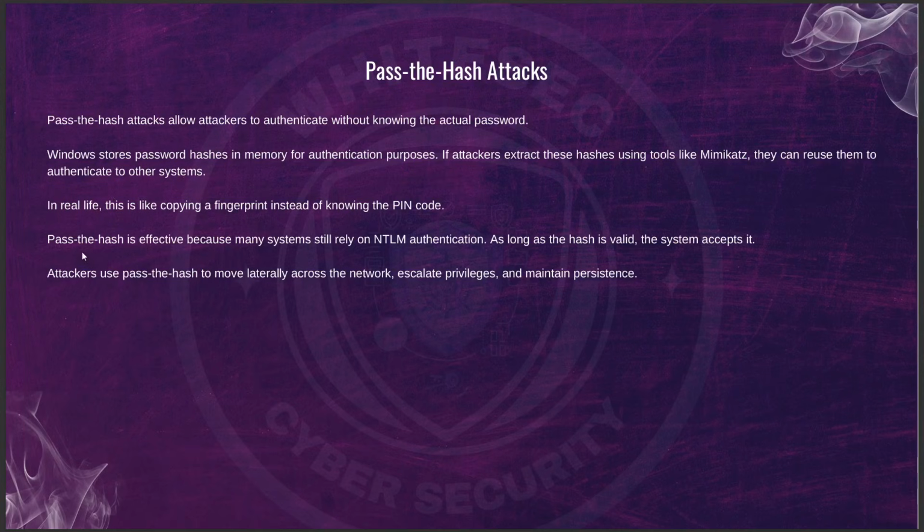Okay, in real life, this is like copying a fingerprint instead of knowing the PIN code. Pass the hash is effective because many systems still rely on NTLM authentication. As long as the hash is valid, the system accepts it. Attackers use pass the hash to move laterally across the network, escalate privileges, and maintain persistence.